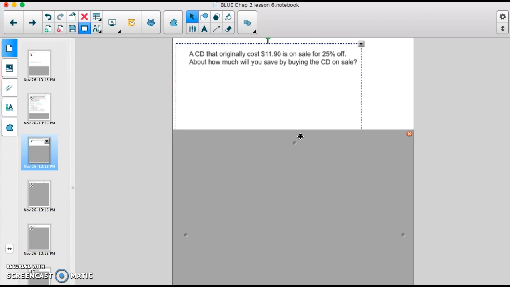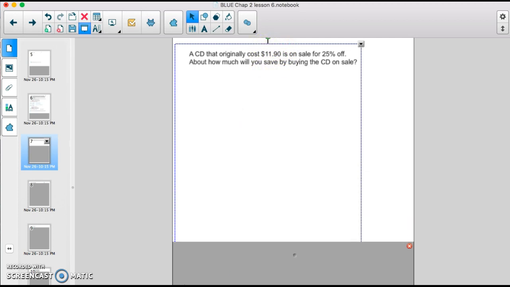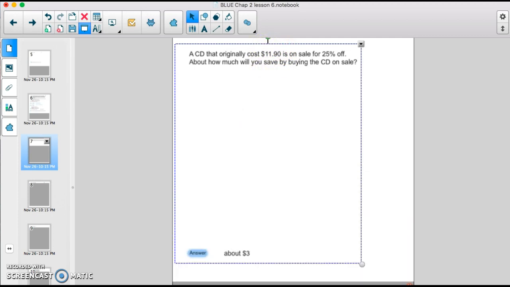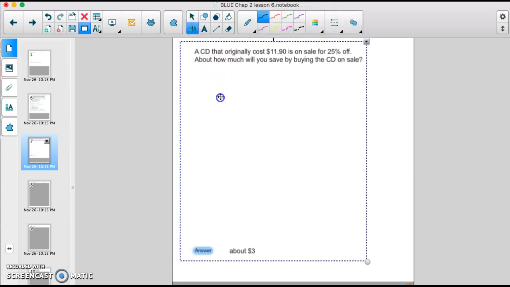Yep, you're right. It's 1/4. So think about how I can round $11.90 to something that divides by 4. Yep, 12. 12 would be a good rounding for $11.90. So 12 divided by 4 is approximately $3. So about $3 is how much I would save.